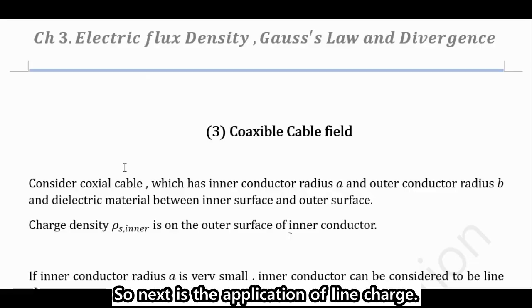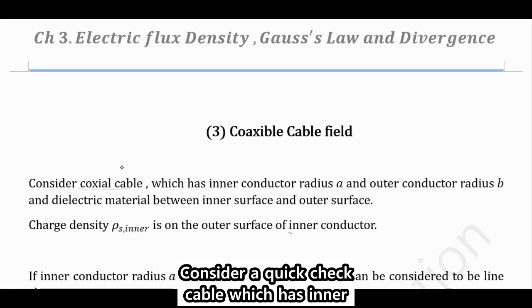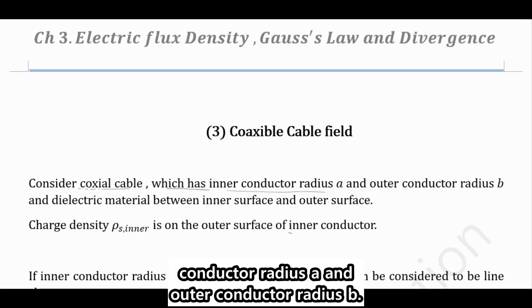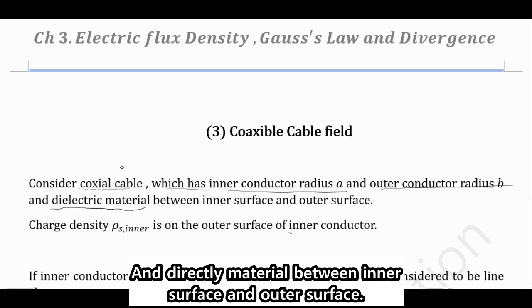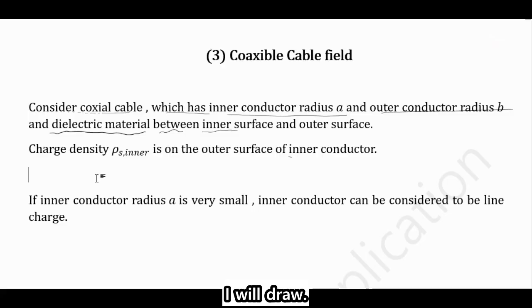So next is the application of line charge to find electric flux density. Consider a coaxial cable which has an inner conductor of radius a and an outer conductor of radius b, and dielectric material between the inner surface and the outer surface. I will draw.